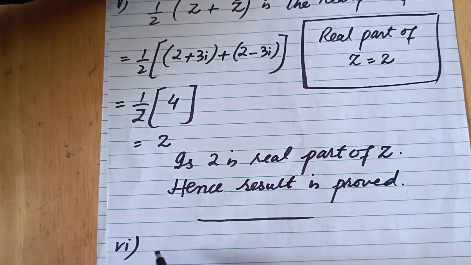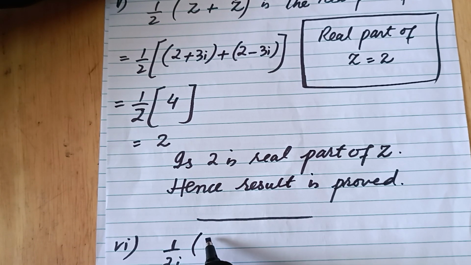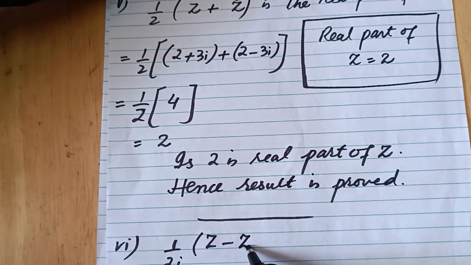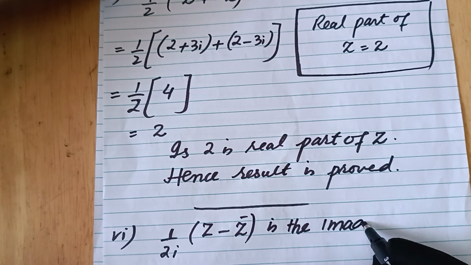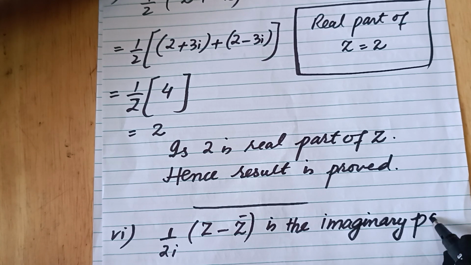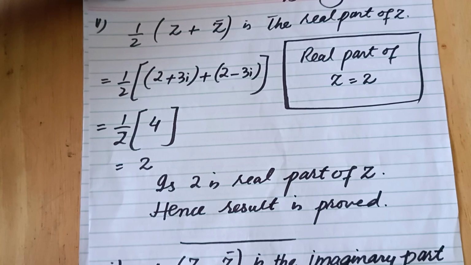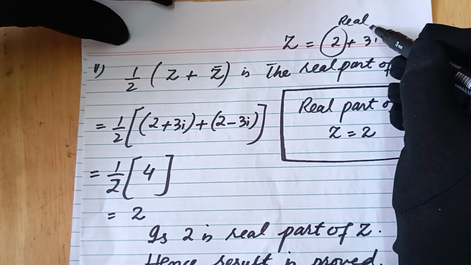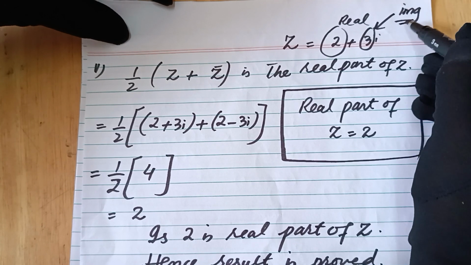Same like that, it says that 1 over 2i times (Z minus Z conjugate) is the imaginary part of Z. Okay, this was Z, and this is the imaginary part, which is 3.